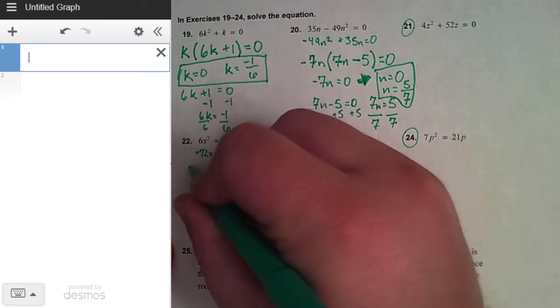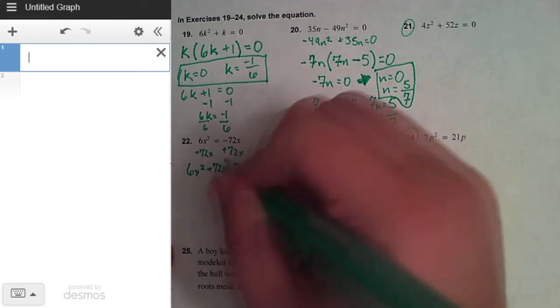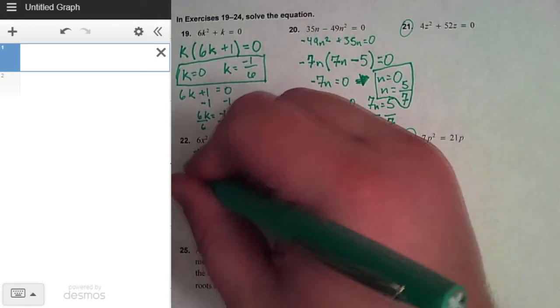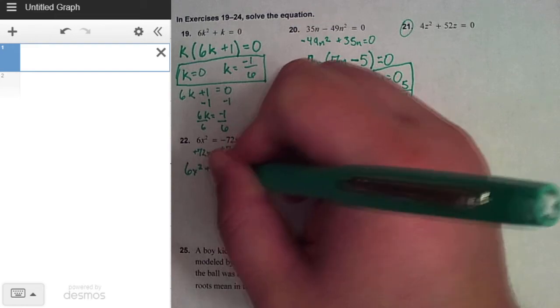So then we have 6x squared plus 72x. Now we are just going about finding the GCF of those two terms, factoring out front, and then setting each of our factors equal to 0, and then solving for the variable. So we can see here that we have 6x squared plus 72x.